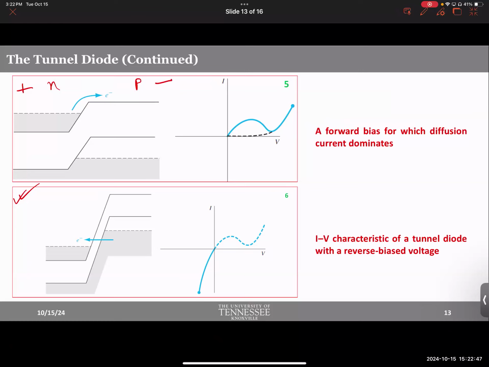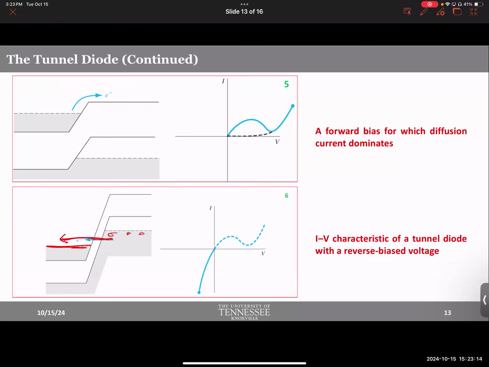Okay. So when you apply positive bias to the N side, I told you that applying positive bias is like adding a weight that will pull down the Fermi level. So the Fermi level here will go down, and the Fermi level on the other side will go up. And here, notice these electrons, all of these electrons will look at the other side and see, oh, hey, we could just tunnel to the other side and be happy.